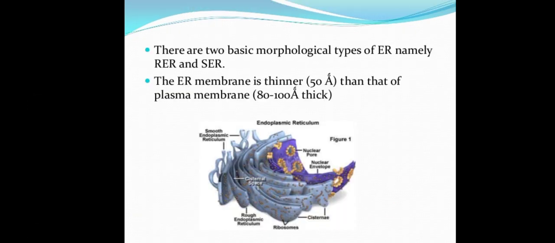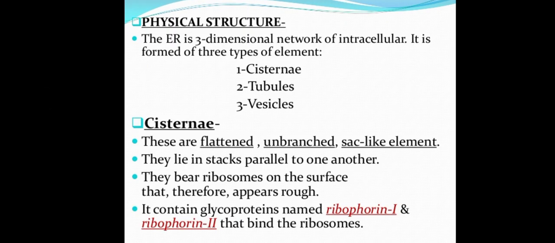The cisternae are long, flattened, unbranched, sac-like structures. They are arranged in parallel bundles. Their diameter is 40 to 50 millimicrons. They have ribosomes on their surface. They are normally found in secretory cells.